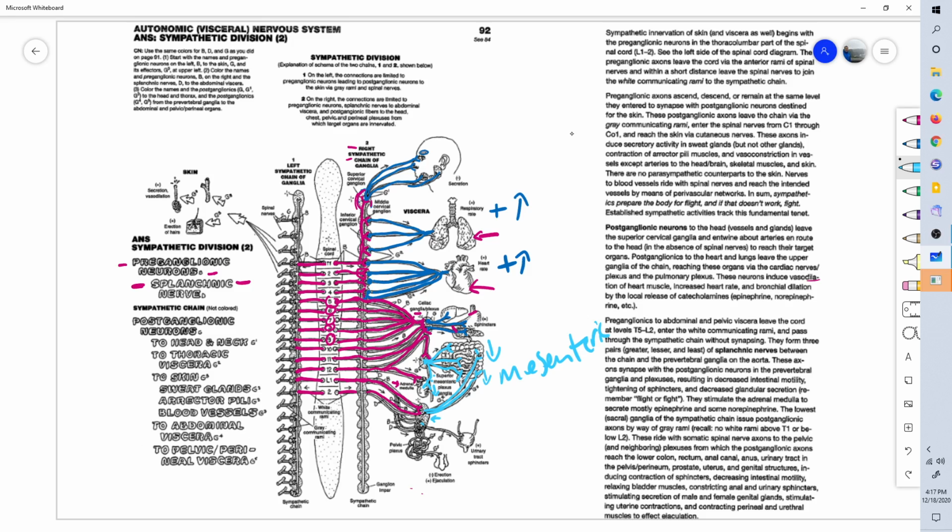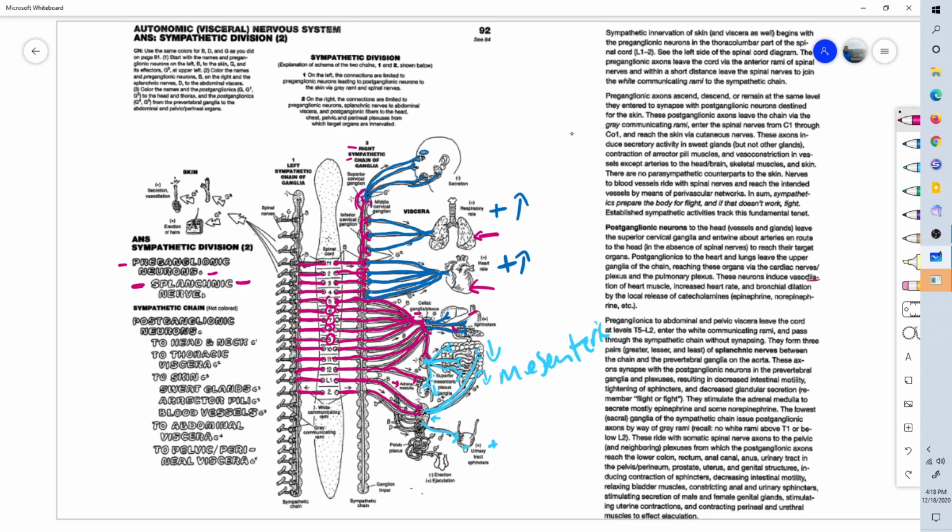Also to the urinary tract, your bladder. And what it does is it shuts off those sphincters. A sphincter is something that is a shut-off valve. So it shuts off those valves and it increases the tension in those sphincters so you don't lose urine. So you don't digest and you don't process urine either.